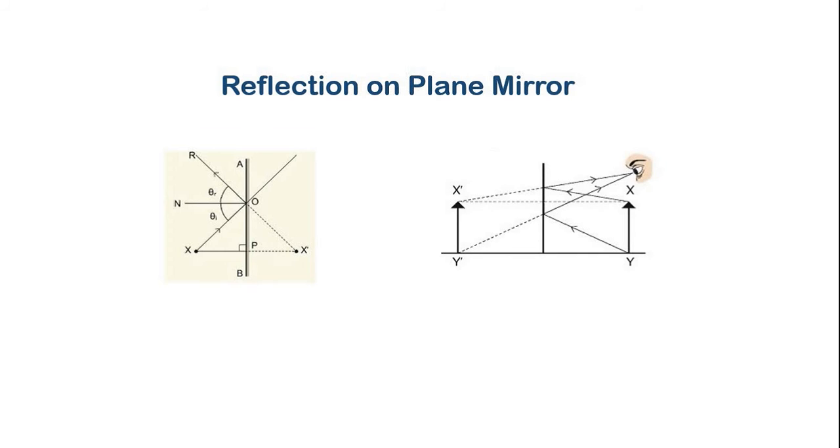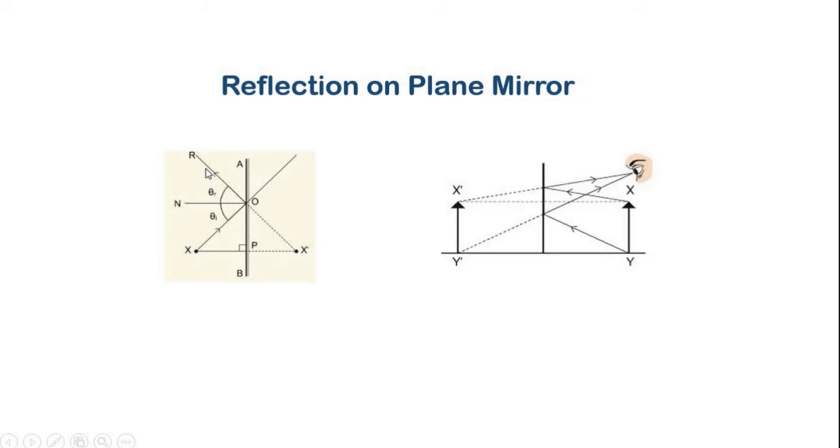Reflection on plane mirror. Now look at the two figures. In the first figure, X is an object from which incident ray XO falls on point O and is reflected along the ray OR.